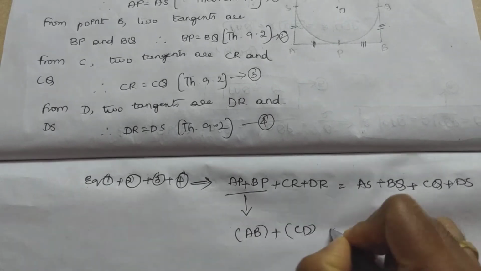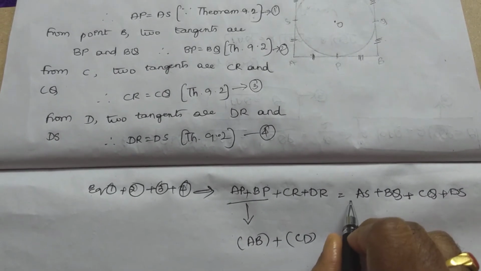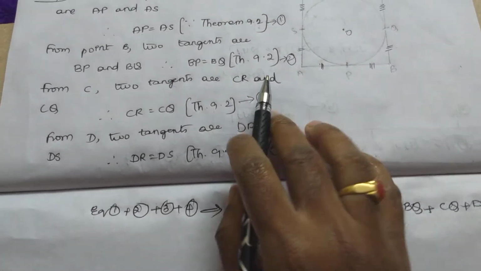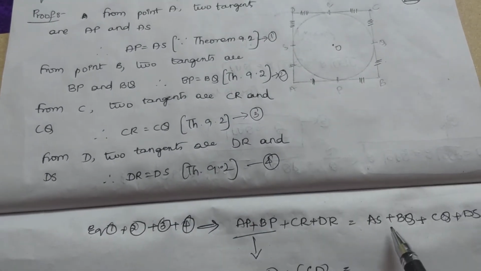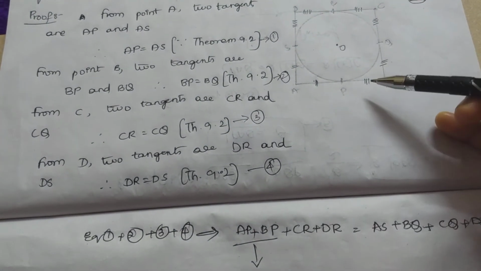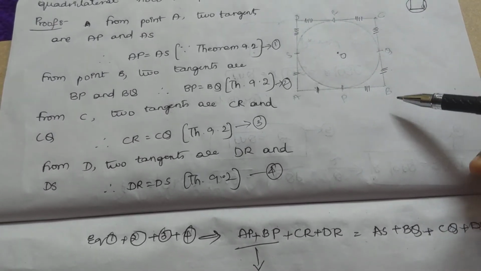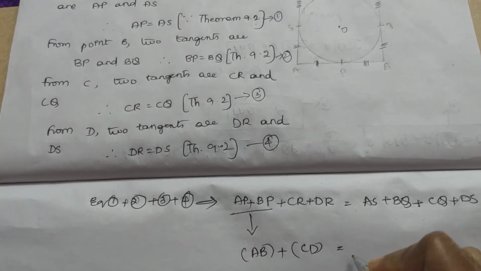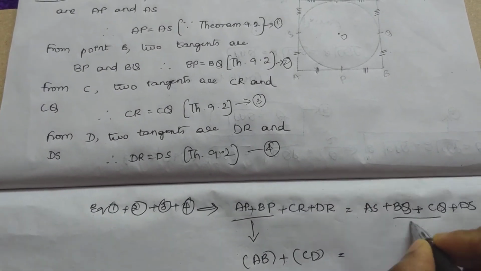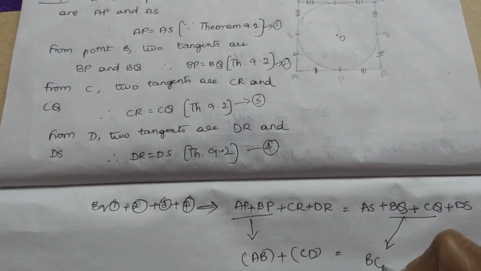AB plus CD equals, let's see what we get. AS, see here, BQ plus CQ. BQ plus CQ. What can we write it as? It is BC, right? BQ plus CQ, I am writing it as BC.